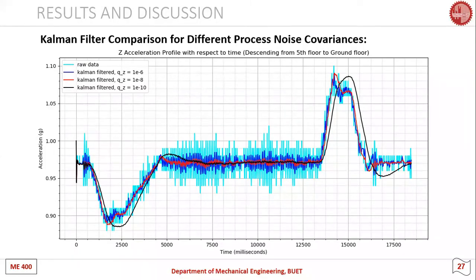It gives out some unreal data because the lower the process noise covariance is, the more the Kalman filter depends on the mathematical model than the measurement. That means the Kalman filter relies more on the mathematical model than the measurement. Therefore, the black filter plot gives an unreal sense of peak. Therefore, we'll be taking the filter plot with tan inverse 8, which is the red line.